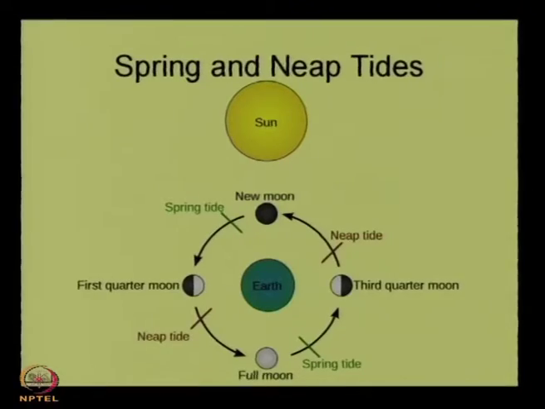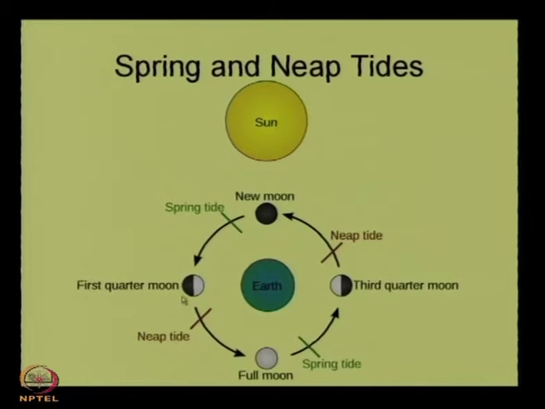Whereas, when you have the first quarter or the third quarter of the moon, the tidal forces of the moon and the sun cancel each other, and you do not have such very high tides, such severe tides. The tides are less. So, the amplitude of the tides will be less. At spring tide, the high tide is going to be very high, the low tide will be very low.